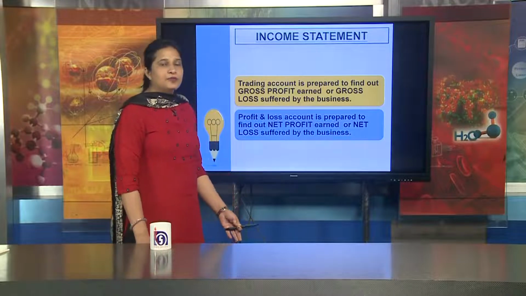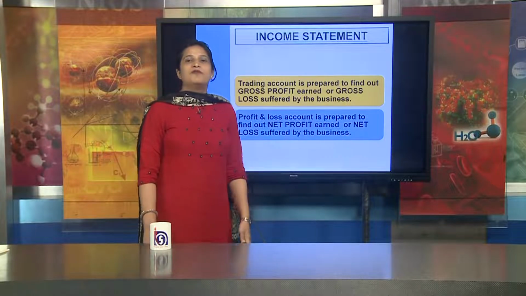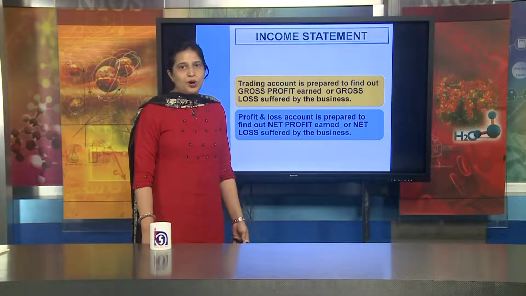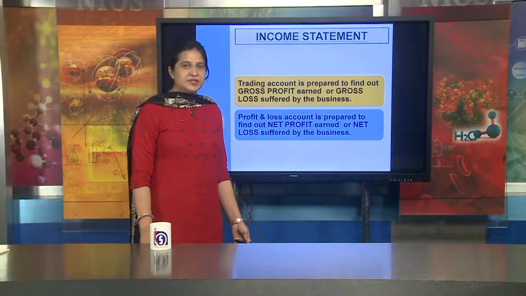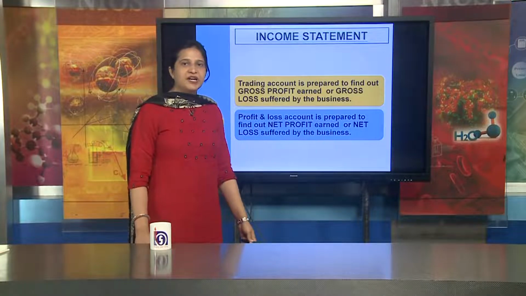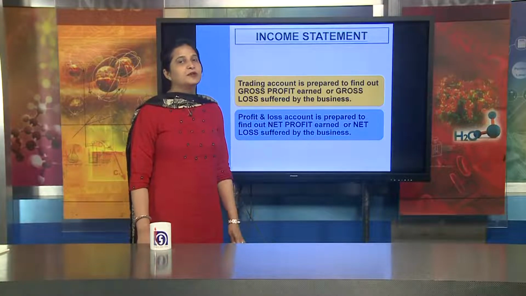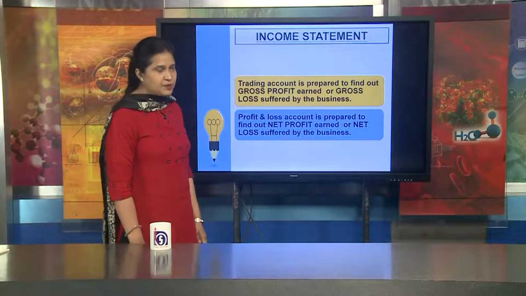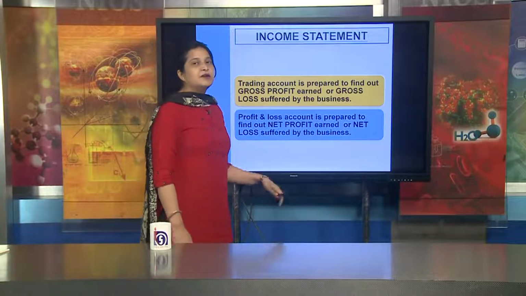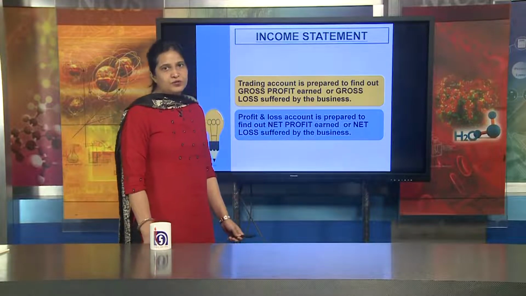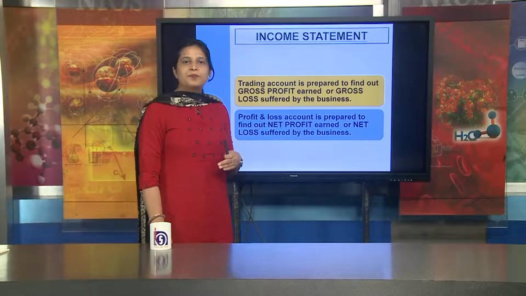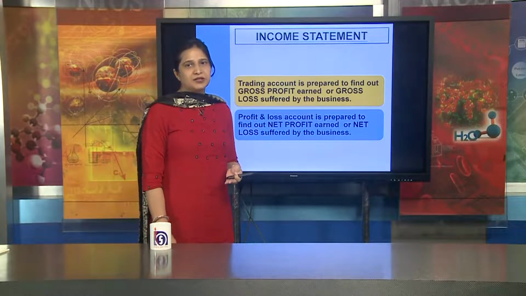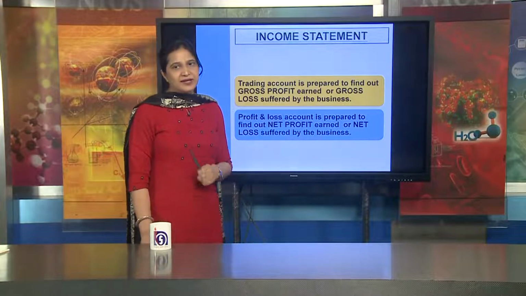We prepare the trading account first because we find out the gross profit or the gross loss suffered by the business. So when we prepare the trading account, we get the gross profit or gross loss, whatever the position may be. Next we prepare the profit and loss account, and by making it we find out the net profit earned or net loss suffered.